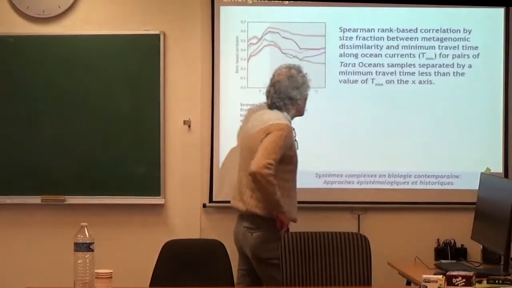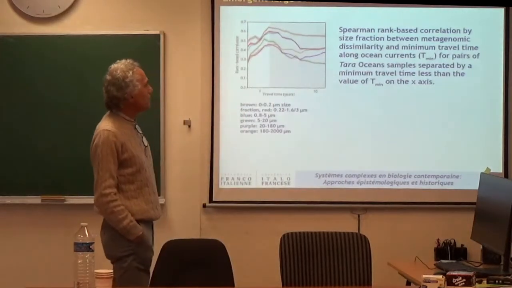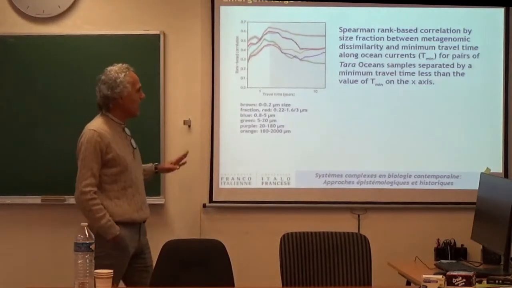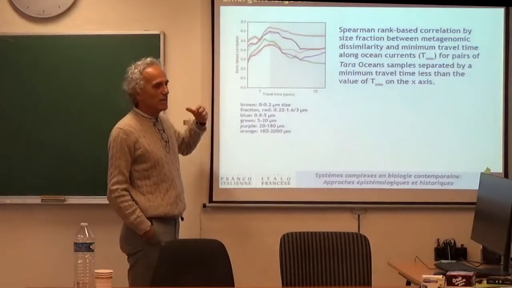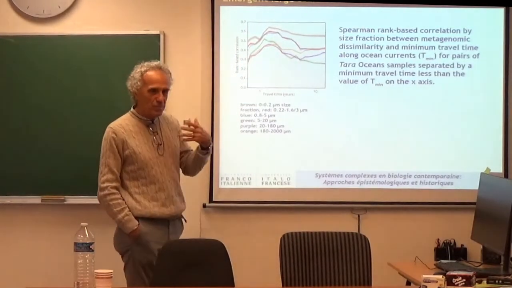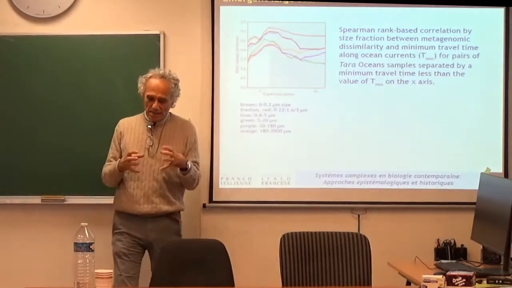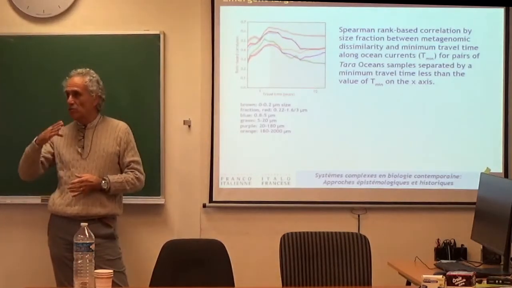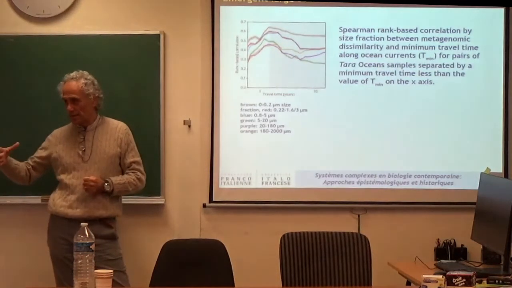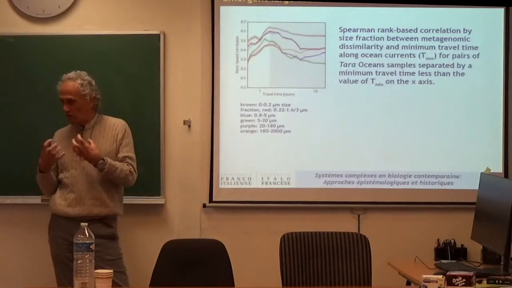And we found another very interesting pattern: up to 1.5 years, you have a memory of the transfer. So plankton cells are transported by the flow, they are dispersed, so you are losing the original composition.